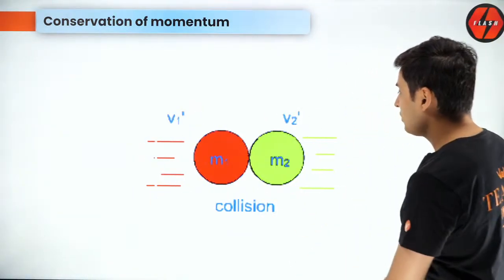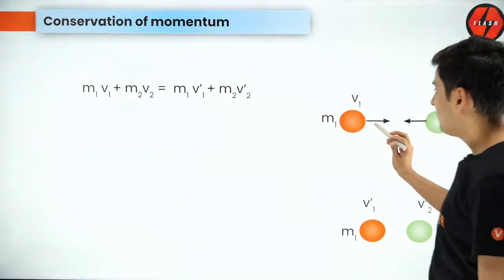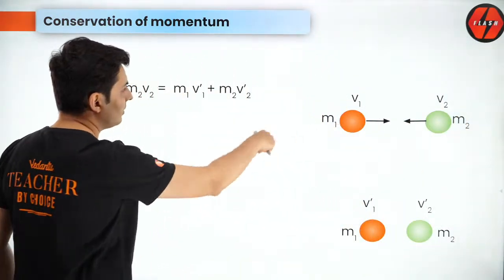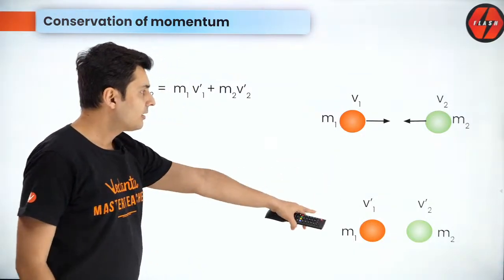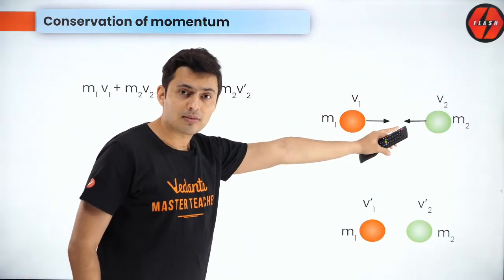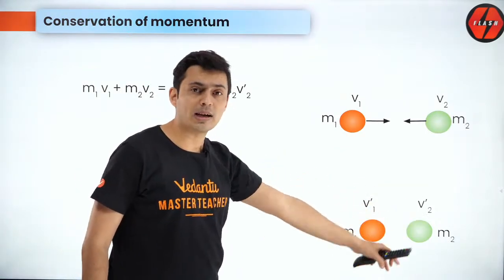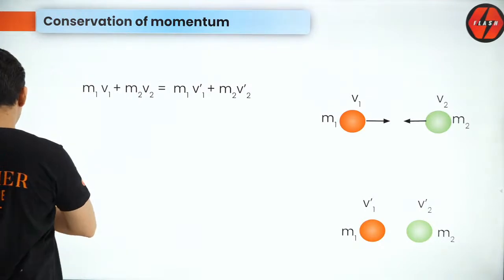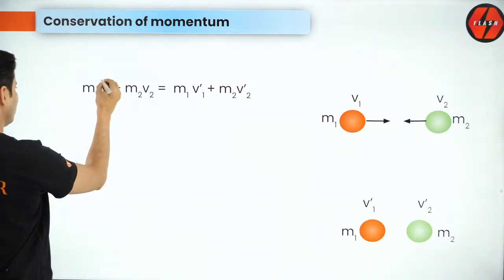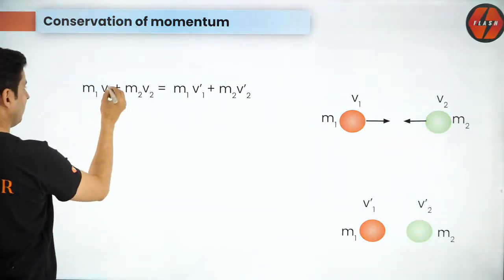Now, we have also seen how the law looks like. Say for example, this is the condition before and this is the condition afterwards. V1, V2 are the velocities before, and V1 prime, V2 prime are the velocities after the collision. Then the momentum before, I should put a bar over here, strictly speaking, so I'll put a bar.